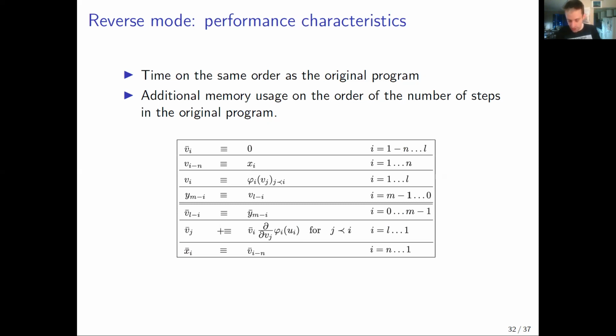And so this has some unfavorable implications for memory usage. In particular, we could incur additional memory usage on the order of the number of steps in the original program, because at worst, we may need to save all the intermediate variables computed in the original program for use in the backward pass. And so this is a downside of reverse mode automatic differentiation.